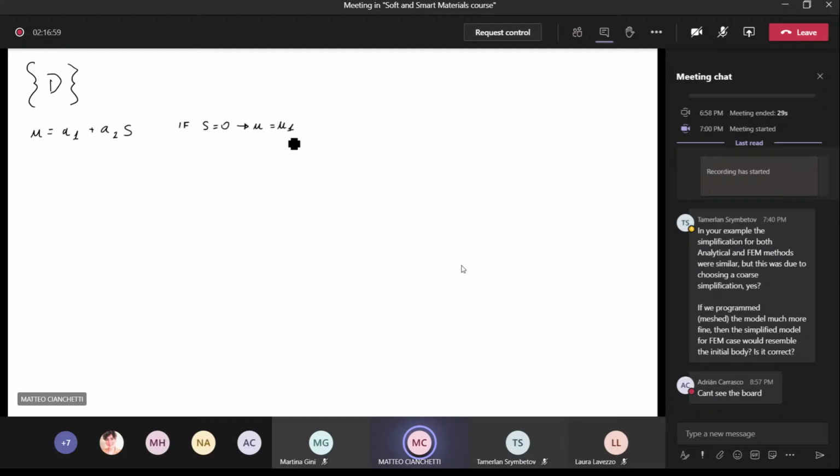So we are imposing the displacement of node 1. If S is equal to L, the length of our system, or at least the element that we are considering, then U should be equal to U2. These are sort of boundary conditions. For S, the coordinate axis, equal to 0, the displacement is equal to U1. For S equal to L, so at the end of the system, the displacement should be equal to U2. We are applying the two boundary conditions.